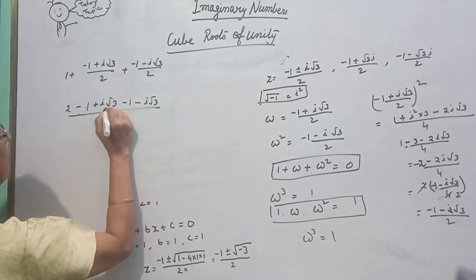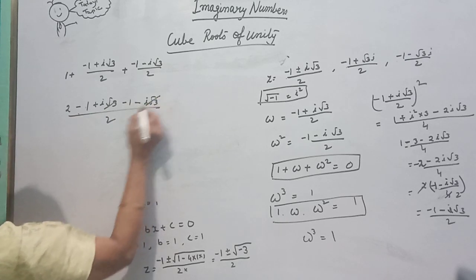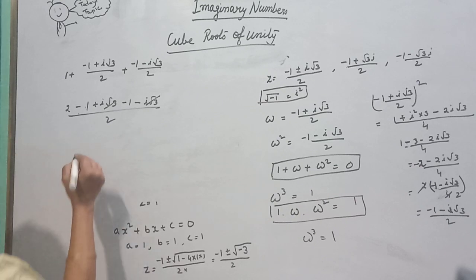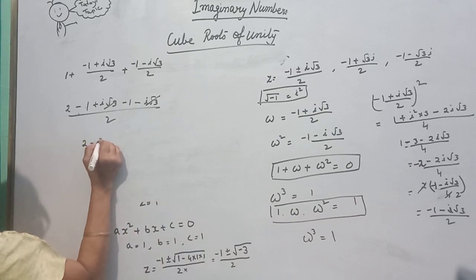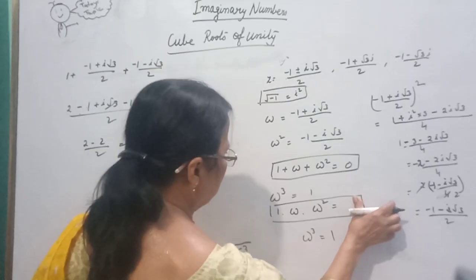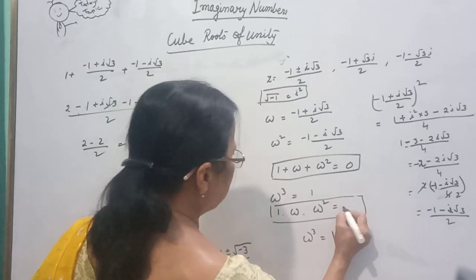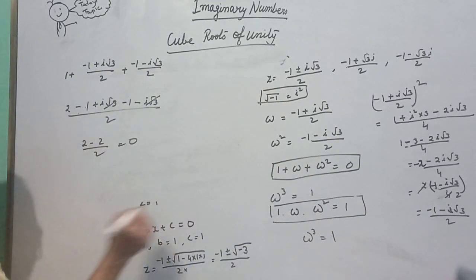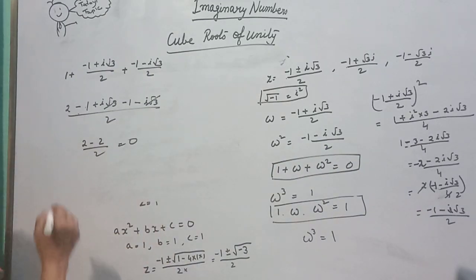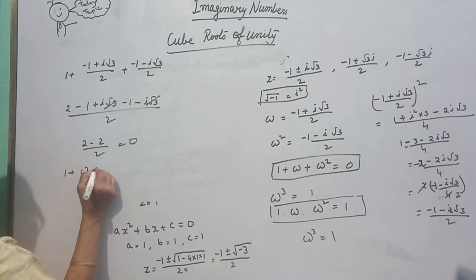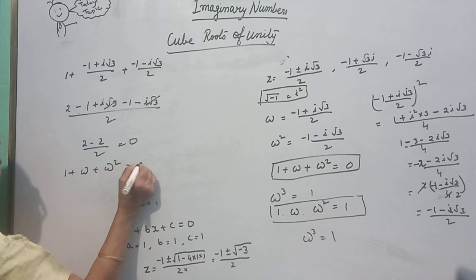So the i root 3 cancels, and 2 minus 2 divided by 2 is 0. So we can find that 1 plus omega plus omega squared is equal to 0.